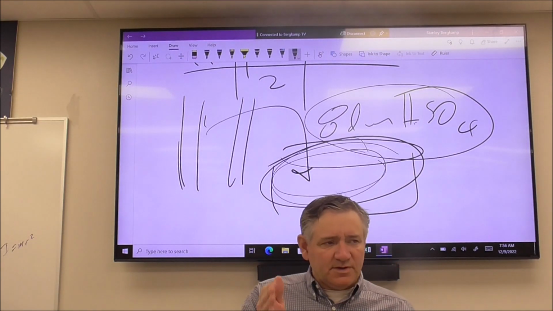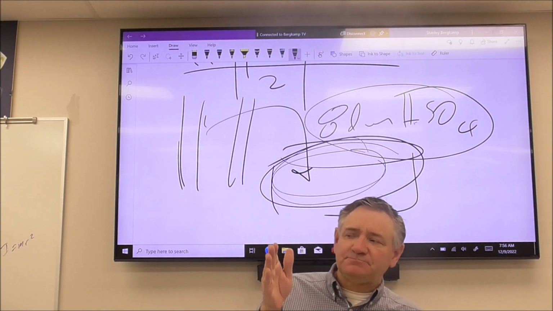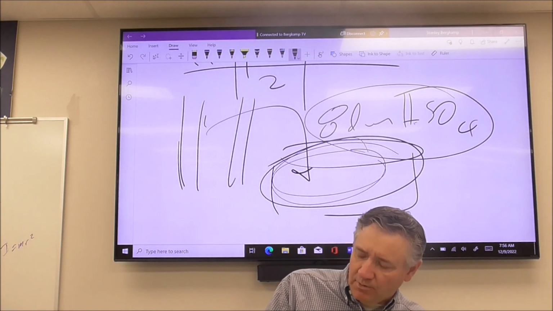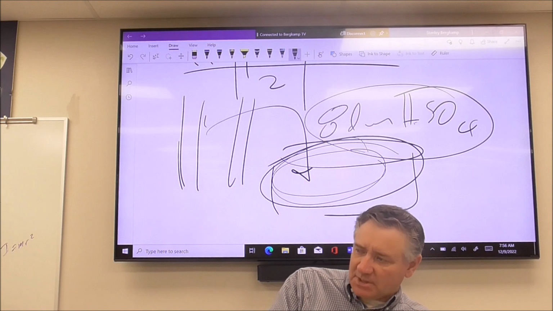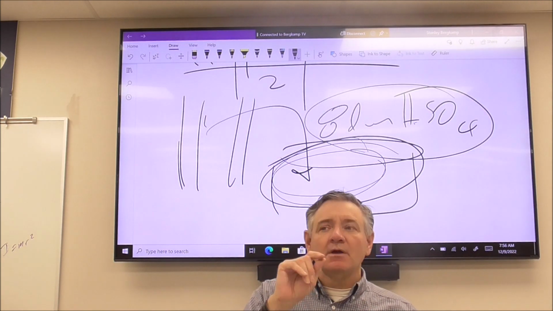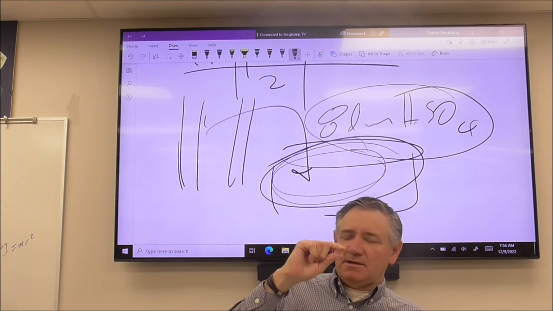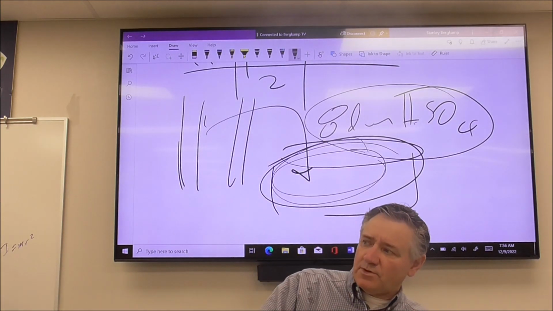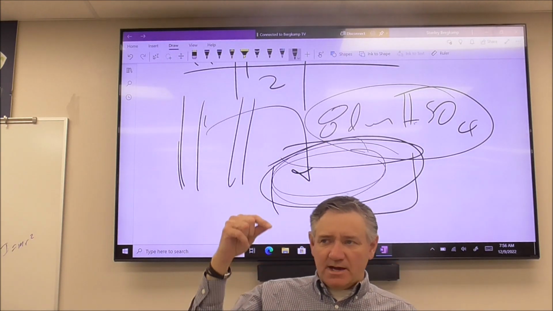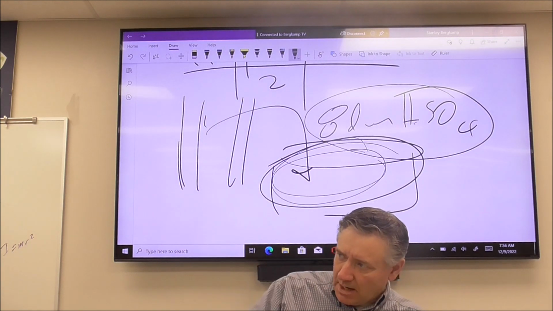The change that happened was that prior to 1984, all the pennies were solid copper, solid all the way through. But what happened is that the pennies began to cost more to produce than what they were worth if you kept them as solid copper.